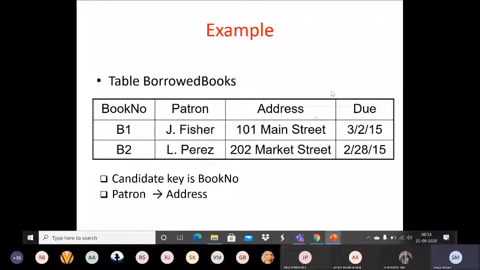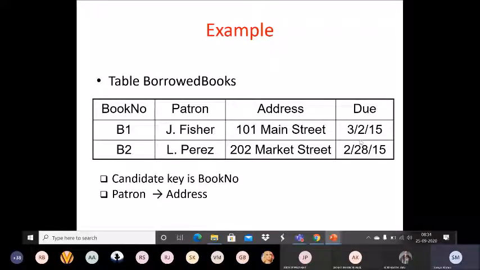So due is not depending on address, not on patron, and not on book number. So we have to make it in such a way that due is not dependent on anything, right? So here you have to only find that address is dependent on this patron.